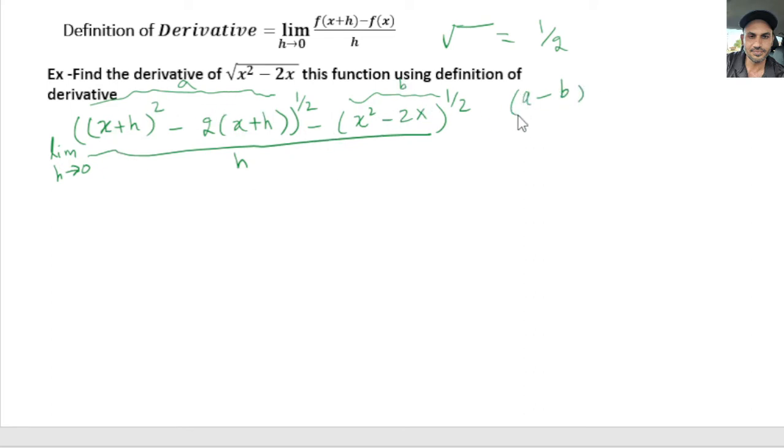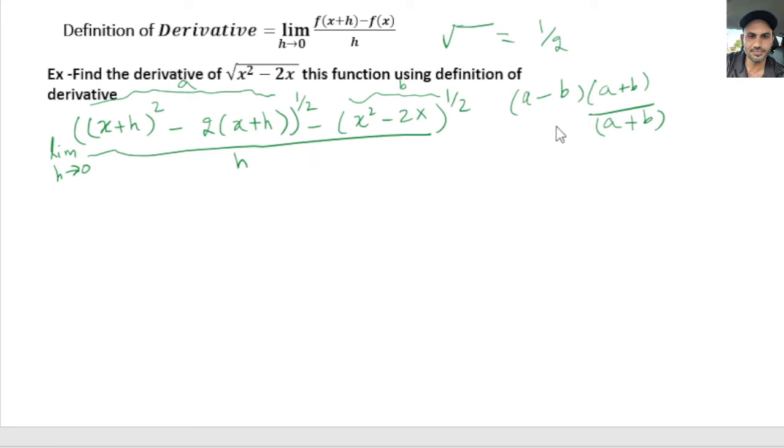What we do is we multiply it by a plus b, and then we divide it by a plus b. When we do that, it doesn't change the function, right? Because when we multiply and divide by the same thing, it's not going to have any net impact on the function itself.